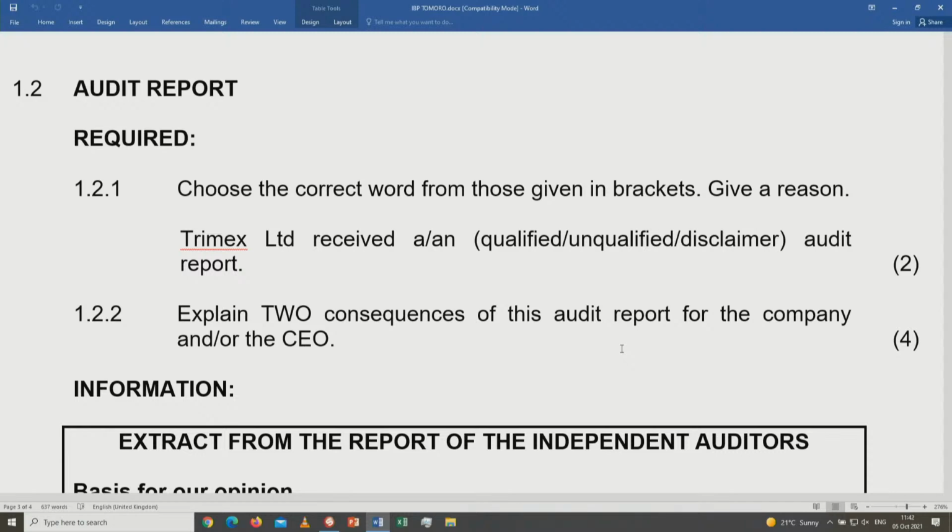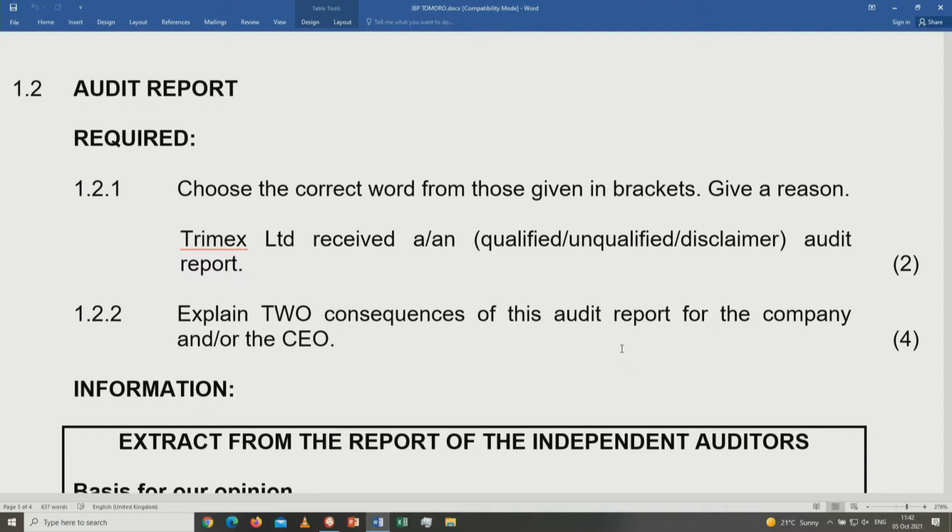One, it will be a disclaimer. A disclaimer audit report is whereby not at all is the external auditor able to express an opinion. Now, secondly, we have unqualified audit opinion.